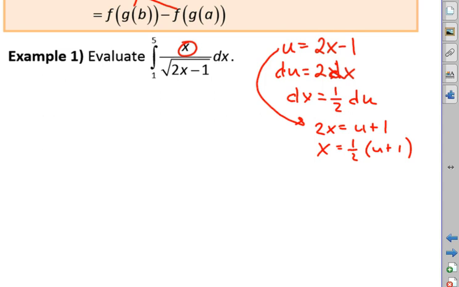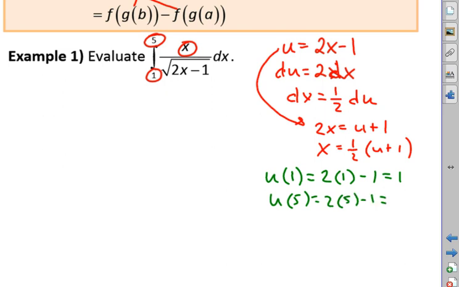All right, now make all your substitutions. And also remember, these are x's, so we also have to change those in terms of u. To change our limits of integration, we need to find u of 1. So u of 1 is 2 times 1 minus 1, which is 1, and u of 5 is 9. So now make all of your substitutions.